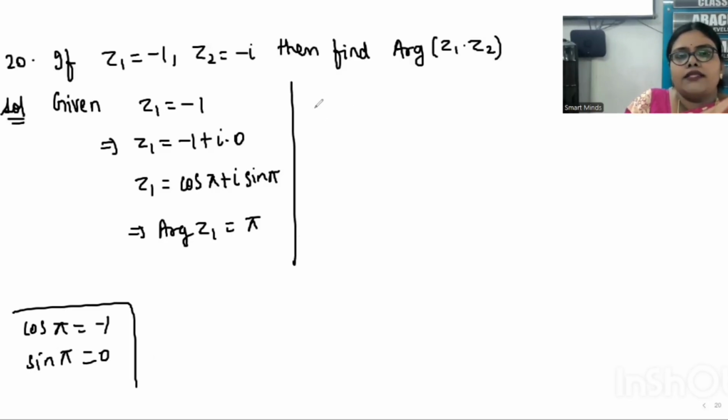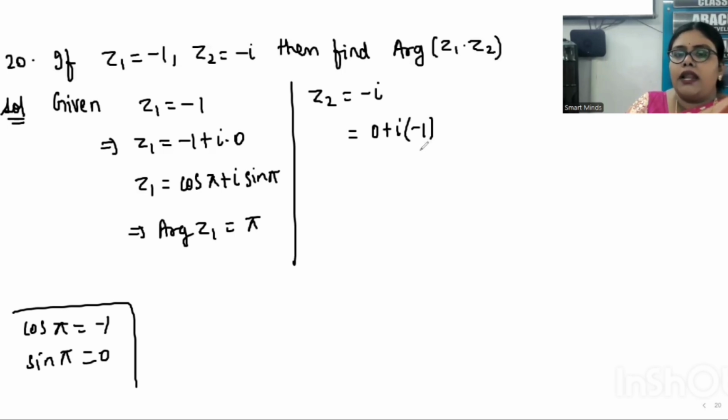Next, what else is given? z2 is equal to minus i. So you can see over here imaginary part is given, real part is not given. So we can write it as 0 plus i into minus 1. Now tell me when is cos theta 0 and sin theta minus 1?